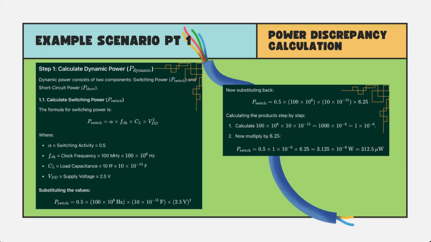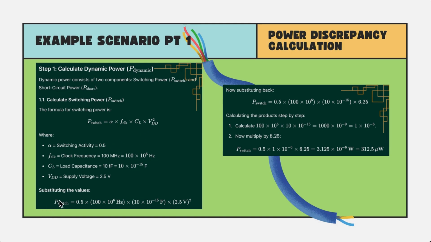We are going to have an example scenario, part 1 of the power dissipation calculation, to calculate the overall power dissipation of a CMOS circuit. This is just a simulation. So let's start. To calculate the switching power, we need the formula, which is switching activity, clock frequency, load capacitance, and supply voltage.